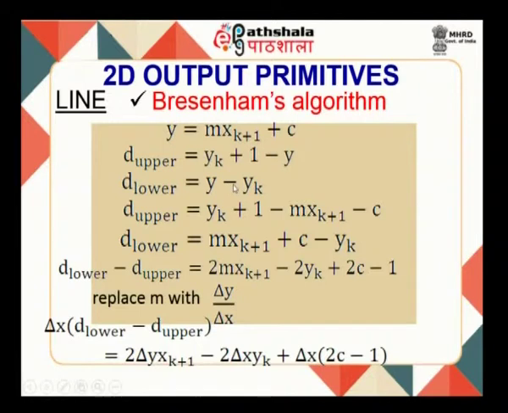So, because it is yk plus 1 minus y, these two terms become minus, and d lower similarly is y minus yk. For y substitute this relation here above, which is m into xk plus 1 plus c. So, m into xk plus 1 plus c minus yk, and we are now taking the difference then to compare the d lower and the d upper.